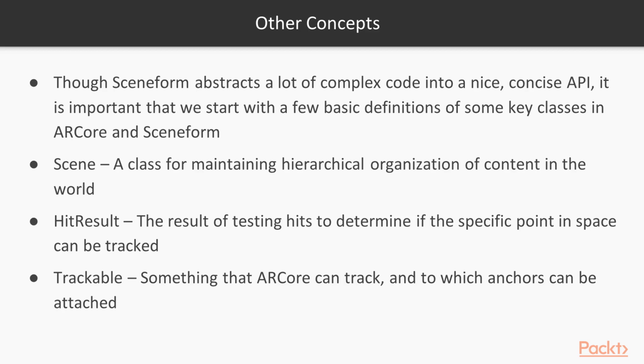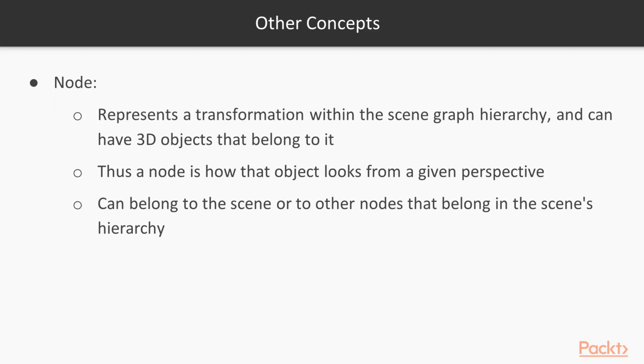A hit result is the result of hit testing, which can be user touches or derived points from the scene. Trackable is something that ARCore can track and which anchors can be attached to. Also, a node represents a transformation within the scene graph hierarchy and can have 3D objects that belong to it. Thus, a node is how objects look from a given perspective. A node can belong to the scene or to other nodes that belong in the scene's hierarchy.